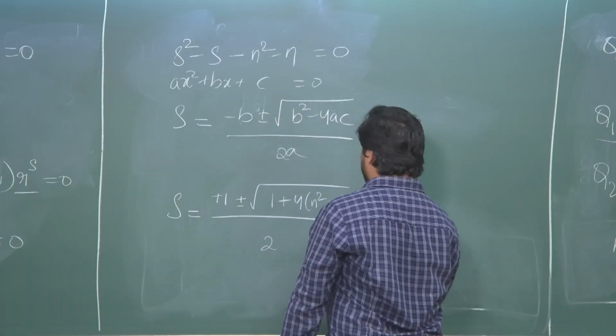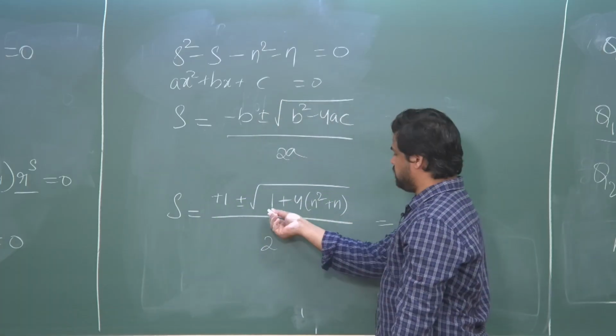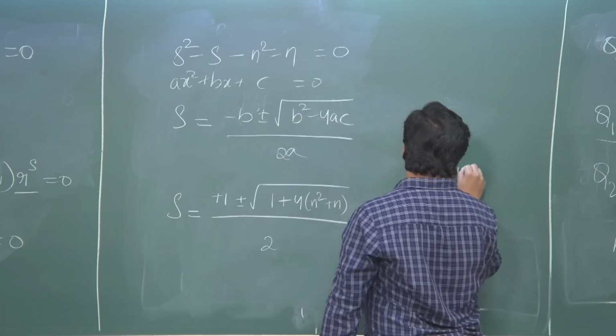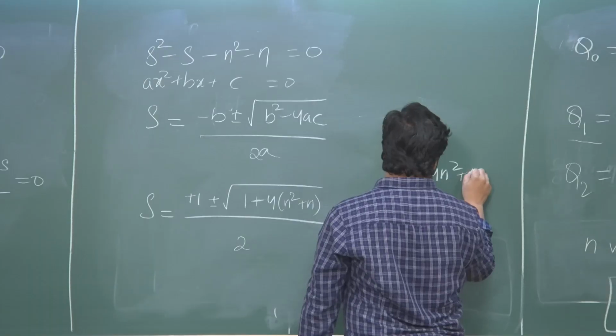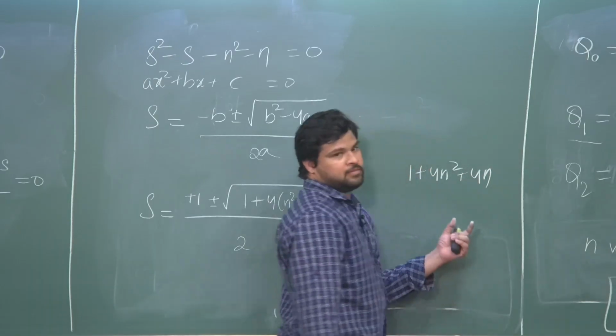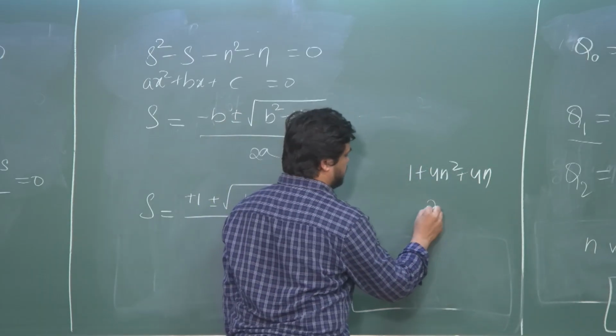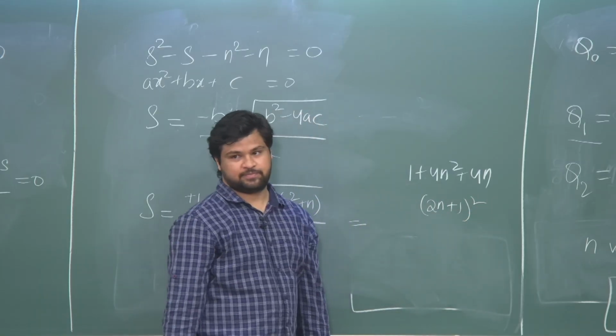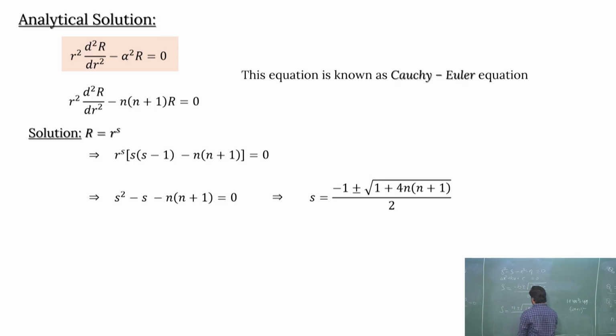If you simplify this expression, the inside of the square root will be 1 plus 4n square plus 4n, which is nothing but 2n plus 1 whole square. So the root and square get cancelled, and you finally end up with an expression like this.